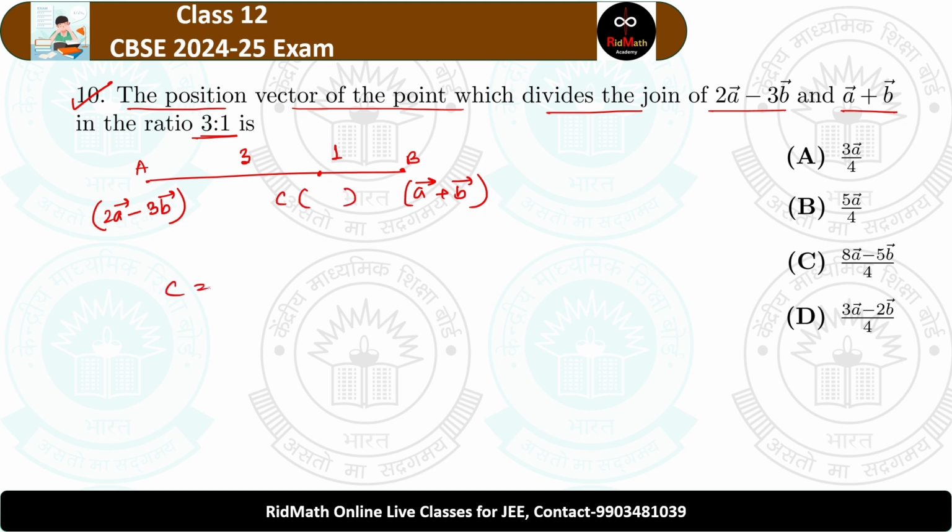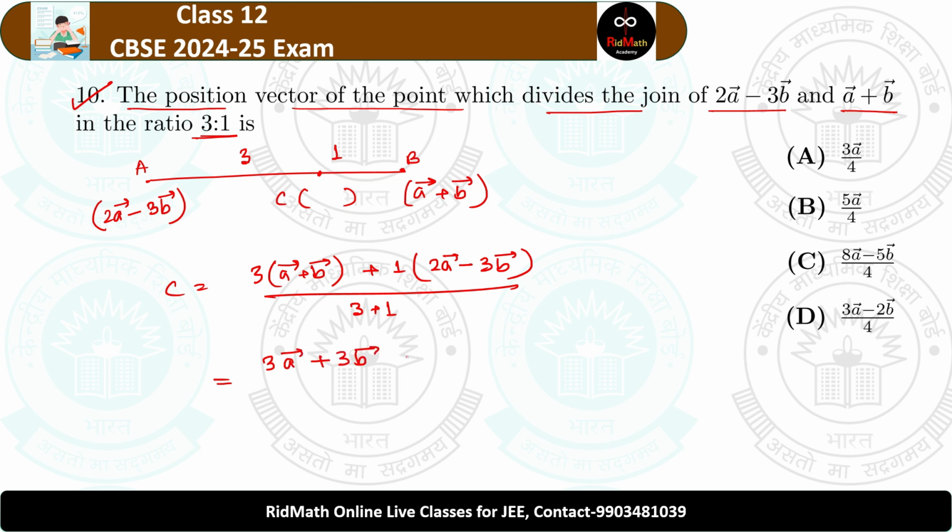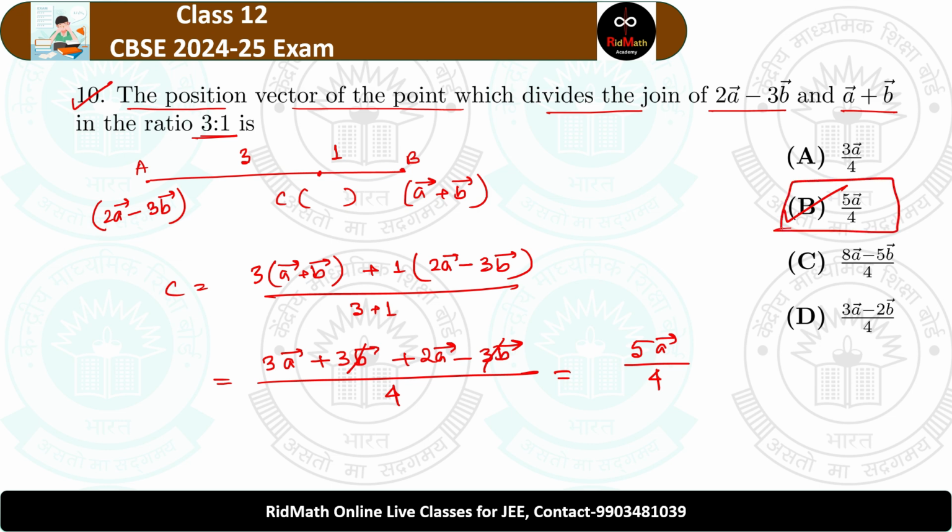C. So C vector will be 3 into A plus B vector plus 1 into 2A vector minus 3B vector divided by 3 plus 1. The section formula. So this is equal to 3A vector plus 3B vector plus 2A vector minus 3B vector divided by 4. So this is equal to 5A vector divided by 4. So B cancelled. That means option number B is correct, 5A vector divided by 4.